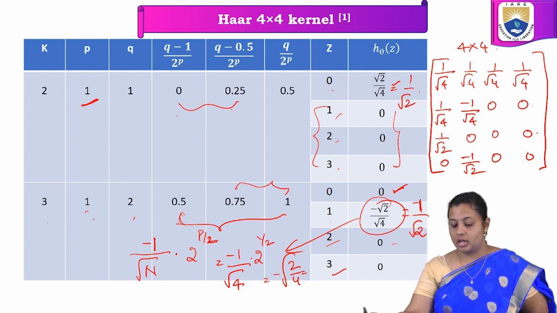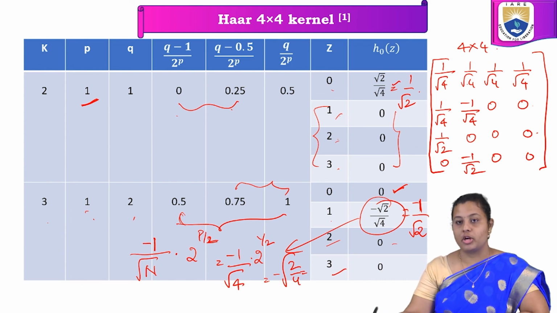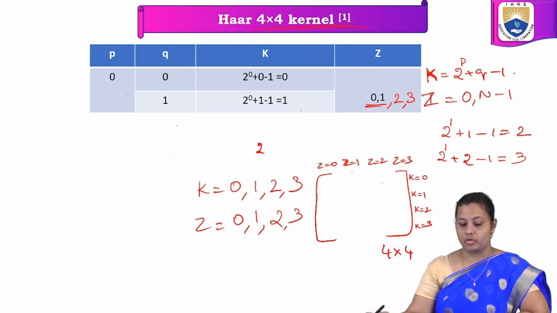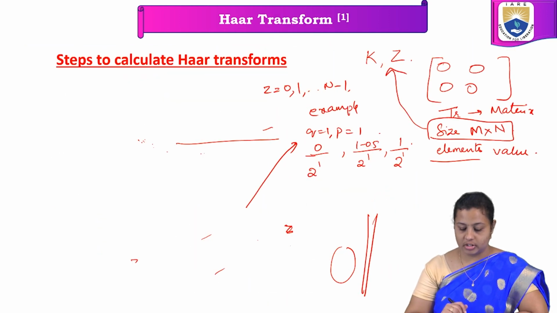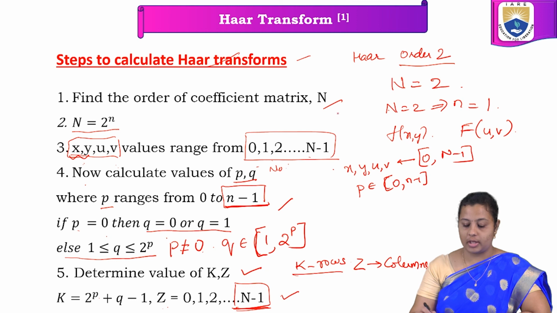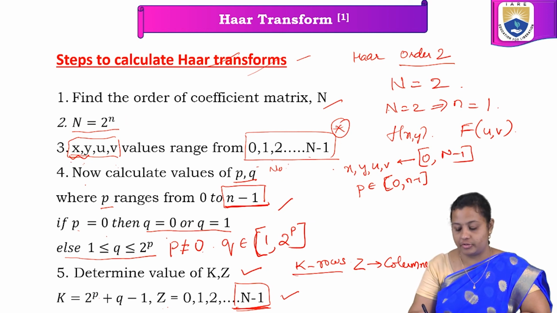So we have seen the Haar transform function for order 2 and column 4. The most important things that we have to remember in Haar transforms are these steps. These are the steps that we have gone through to calculate the Haar transforms. We have to remember our ranges, which are very important here. As specified here, X, Y, U, V values range from 0 to capital N minus 1.